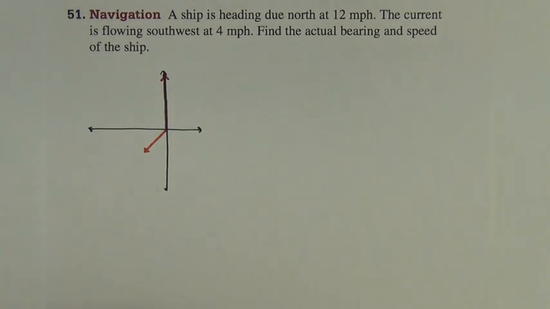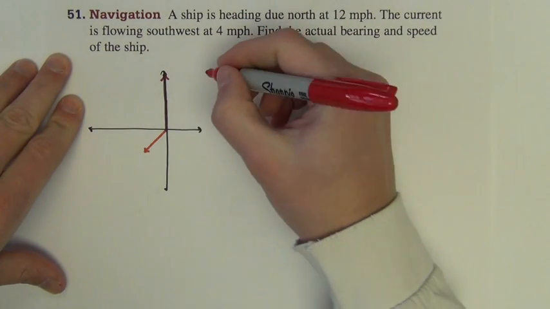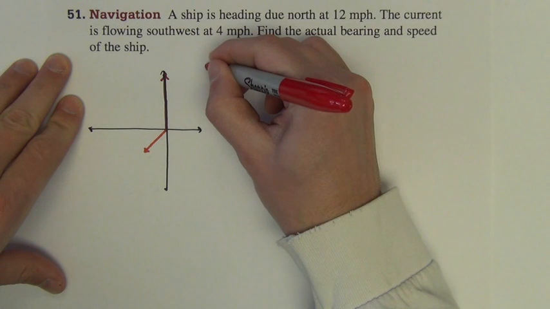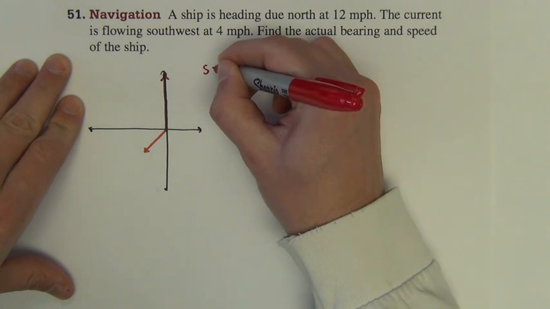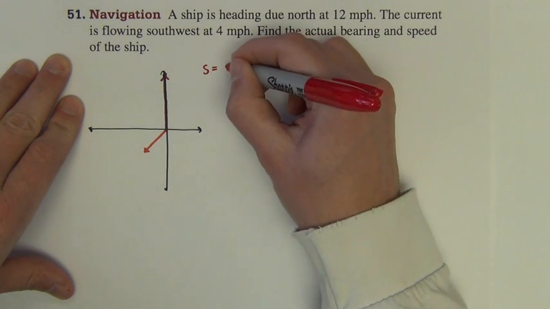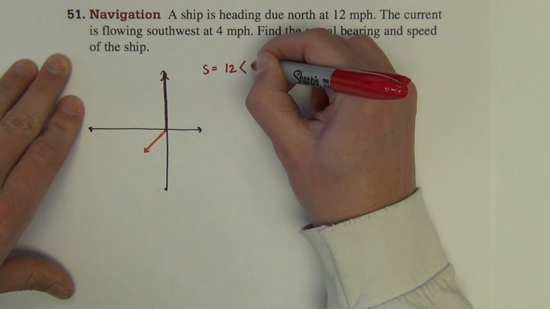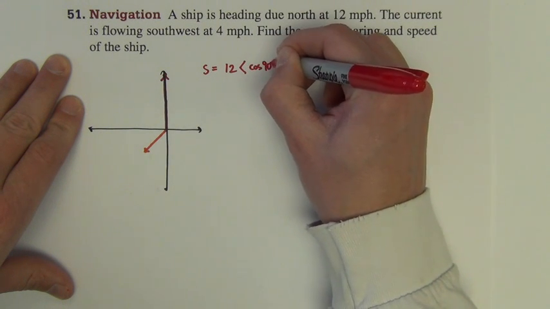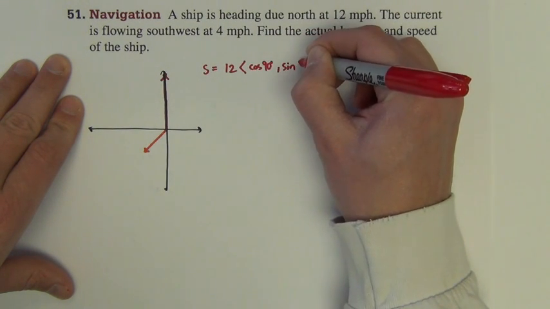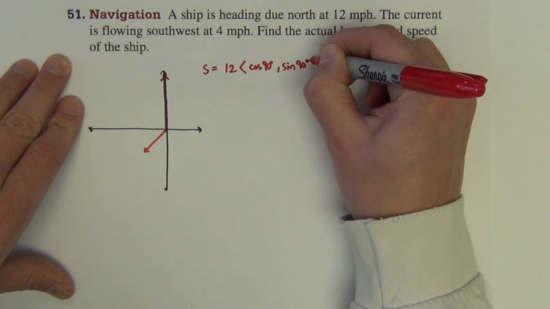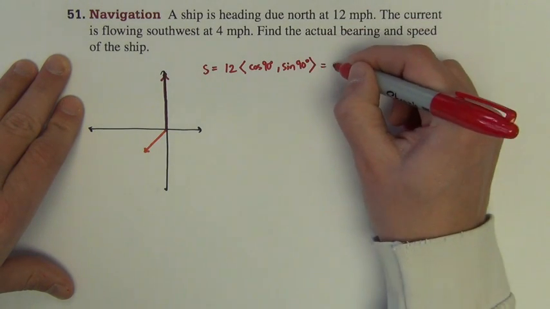So let's go ahead and write first the component form of each of these vectors. So the ship, we'll call it S, is equal to its magnitude, 12, times cosine of its angle, 90 degrees, sine of its angle, 90 degrees.